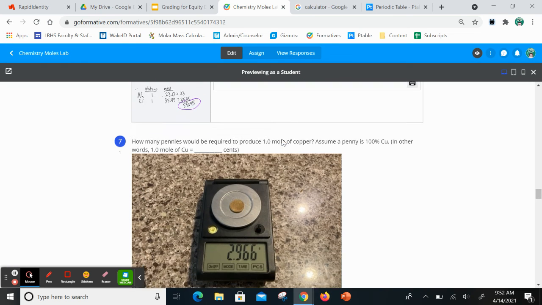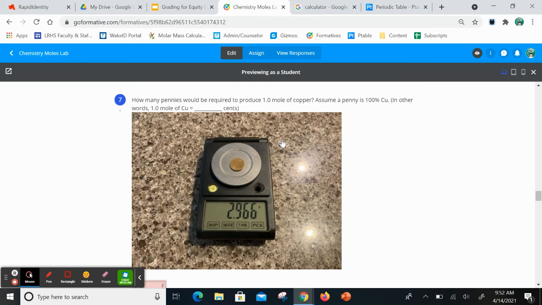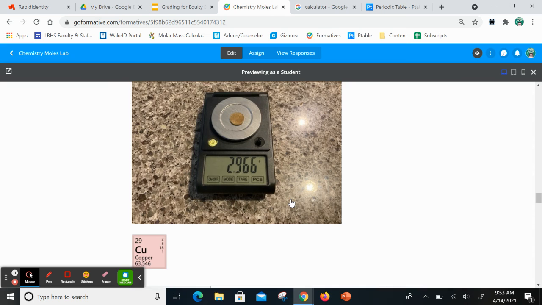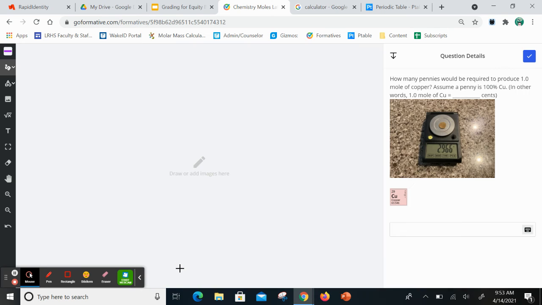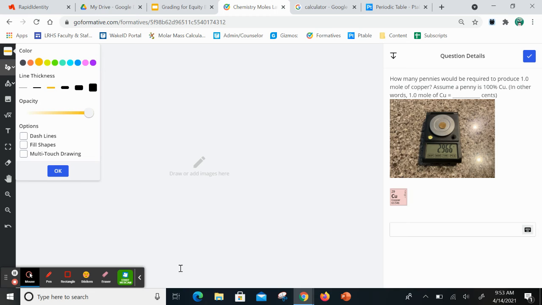All right. And then how many pennies would be required to get a mole of copper? So each penny is 2.966 grams. So 1 penny equals 2.966 grams. And in the old days, these pennies used to all be copper.